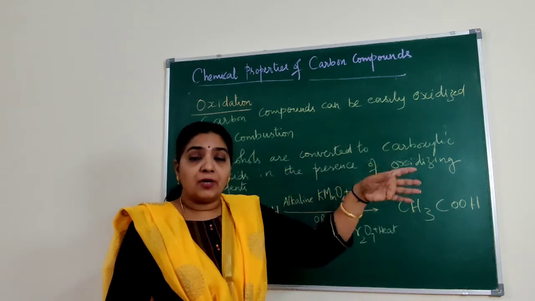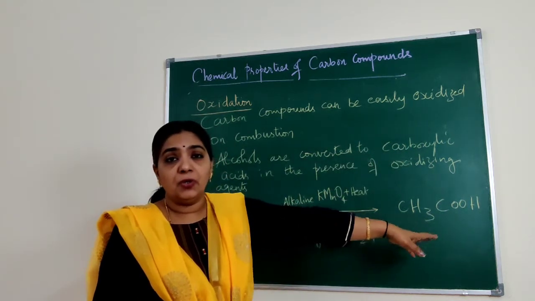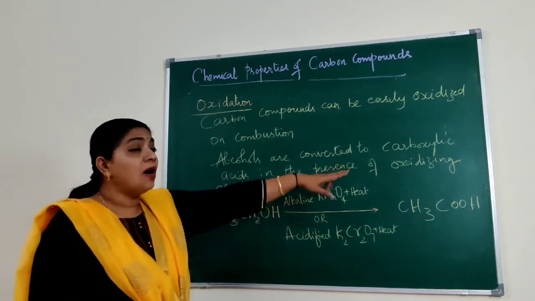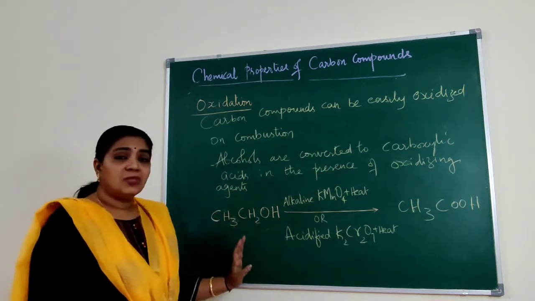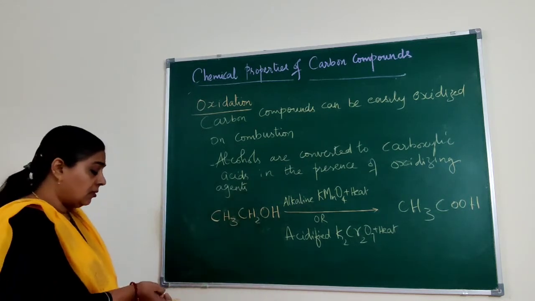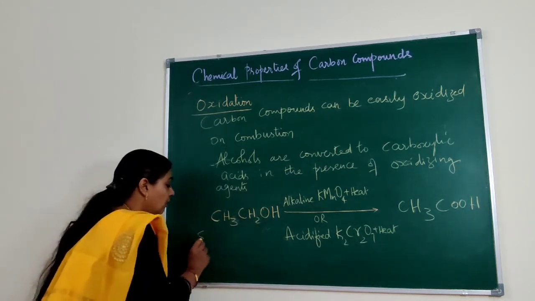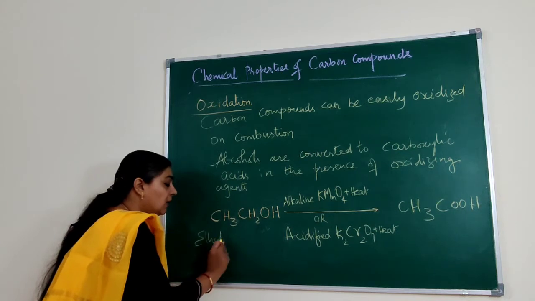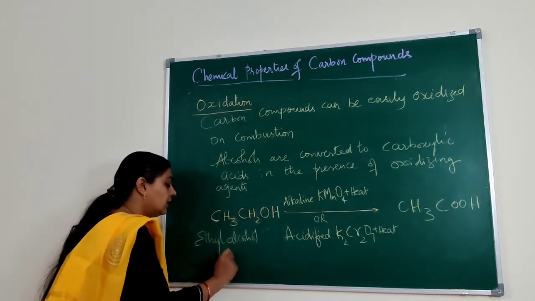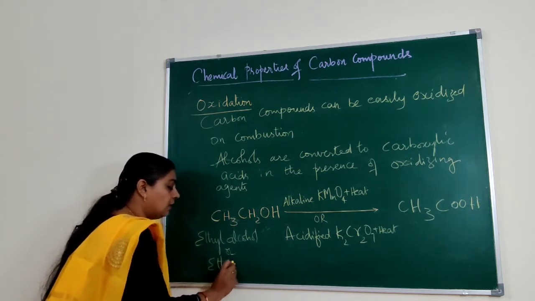Alcohols can be converted into carboxylic acid by using suitable oxidizing agent. So this example is given. CH3CH2OH is nothing but ethyl alcohol, or chemically you can call this ethanol.